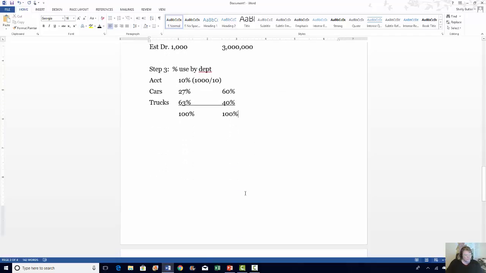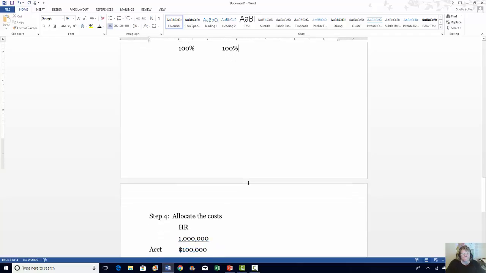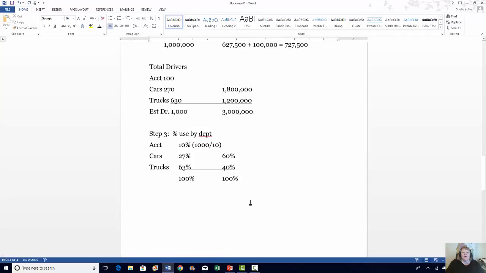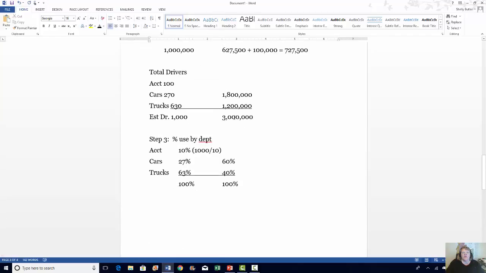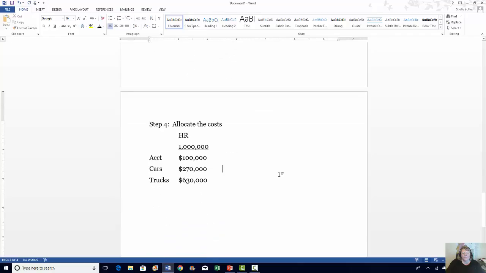So, coming down here, we don't allocate accounting to accounting. We're going to allocate 60% of this amount to cars.